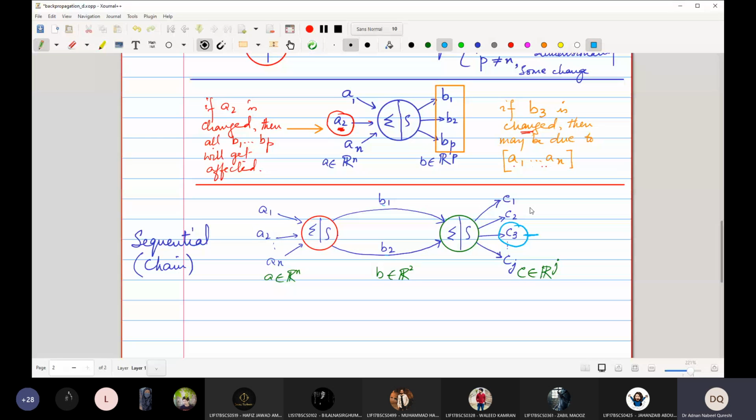So we can say that in C3, we will have to calculate both B1 and B2, so I am just writing Bi. Now B1 and B2 are dependent on A1 till AN.